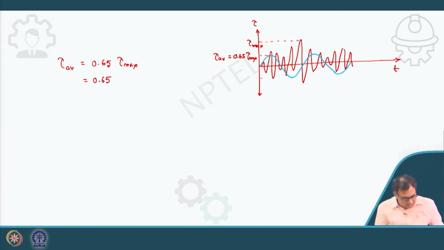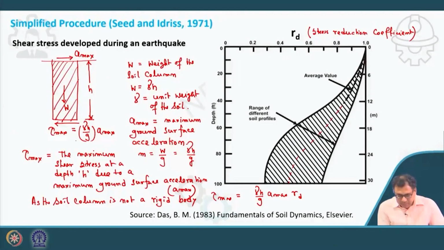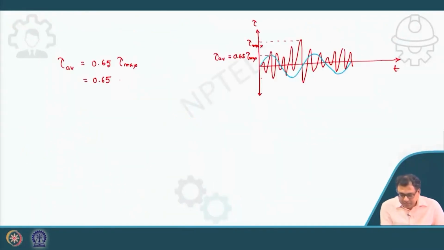So I can write tau AV equals 0.65 times A max by g, times gamma H, times RD.